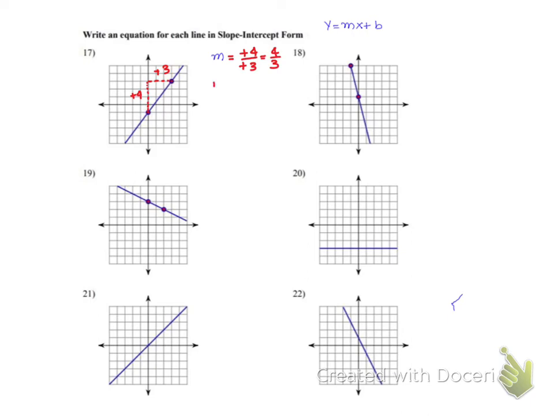And what is the b? In this case, my y-intercept is this point, that is -1. We assume that each box is 1 unit. So my equation is y = mx + b.